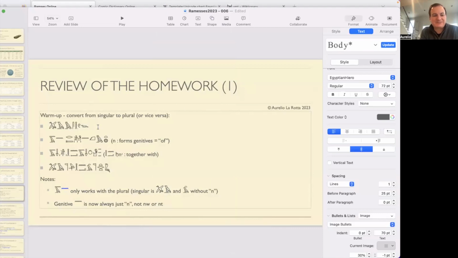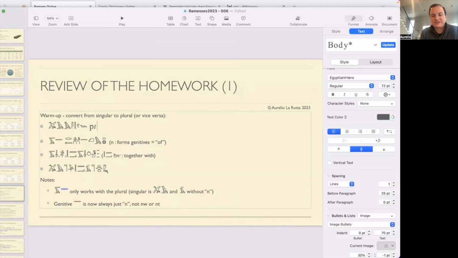So maybe we start with what does it actually say on the page in Egyptian? The crocodile. All right, the crocodile, as simple as that. You're absolutely right. How would you transliterate that?